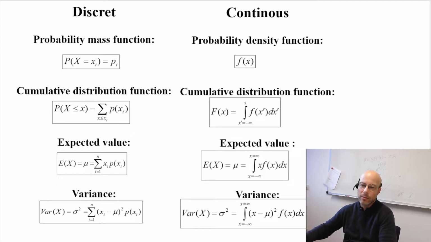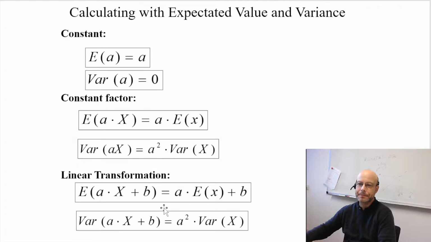And I hope that you just remember how to calculate an expected value, just the numbers from your sample times the probability in the discrete case, or the quadratic deviation times the probability. This is then called the variance.